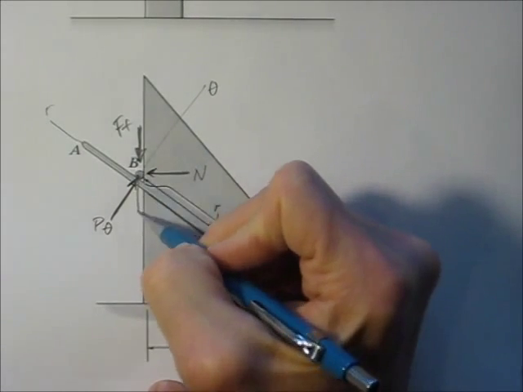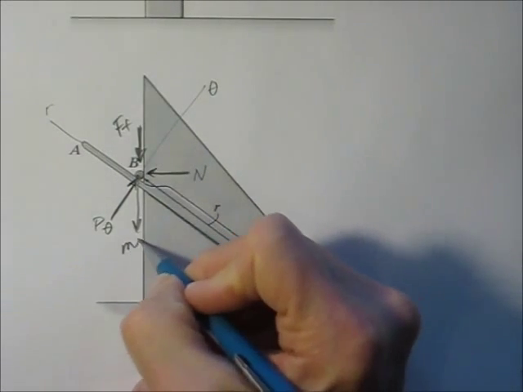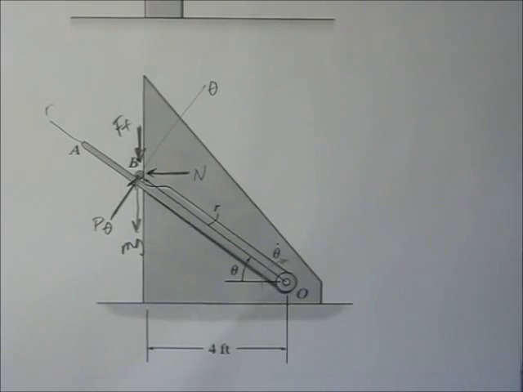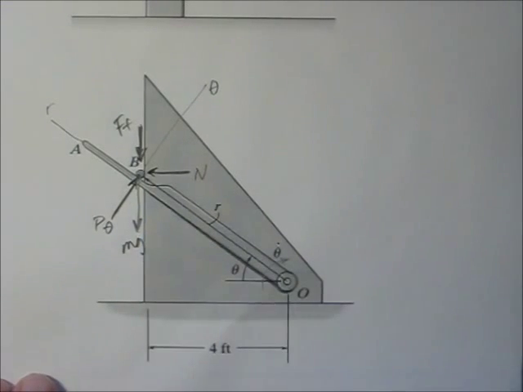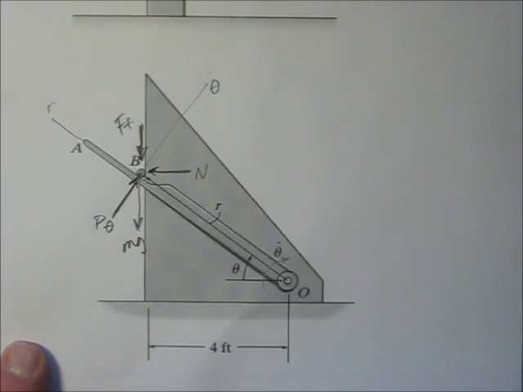And there may also be an mg. An mg will have components in both the r and the theta direction. In fact, all of these things will have components in both the r and theta direction. Our challenge then is to recognize all those forces first, and then break those forces up into their components of r and theta, and then solve for the unknowns.